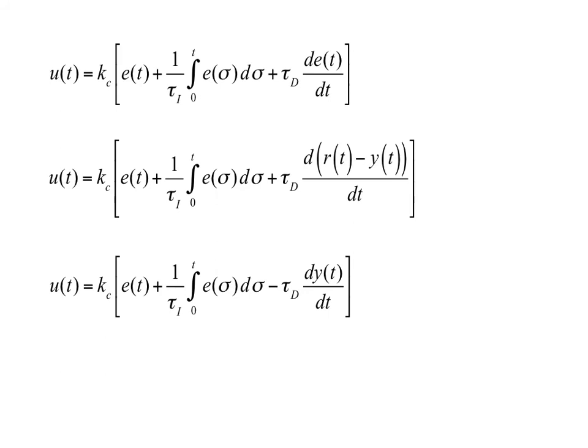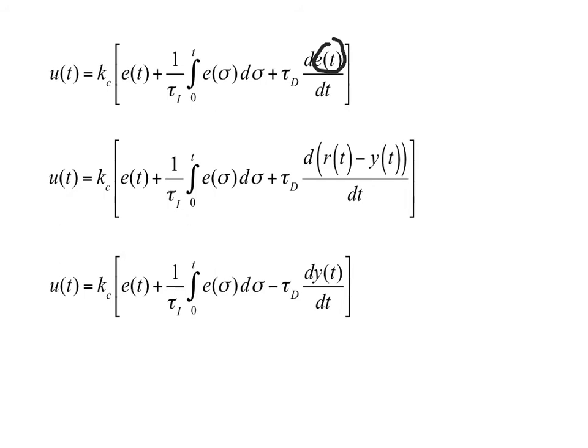Now, we may not want to work with the derivative of the error signal, particularly if we're making set point changes and step set point changes, which would make it hard to differentiate the error signal since it's going to change in a stepwise fashion. So what we're showing with this set of equations is we're rewriting this error term in the derivative part of the PID expression and making it clear that that's the set point minus the output.